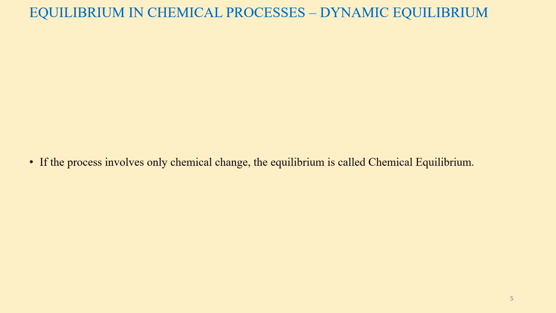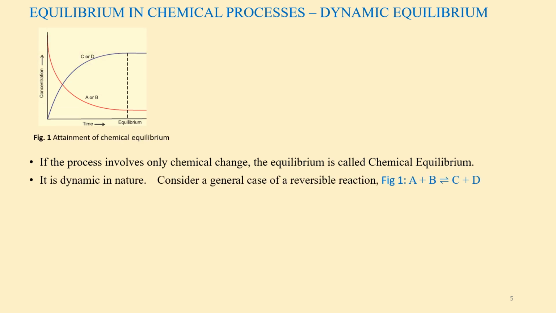This equilibrium is dynamic in nature as it consists of a forward reaction in which reactants give products, and in the reverse reaction the products give the original reactants. Hence, if the process involves only chemical change, the equilibrium is called chemical equilibrium.